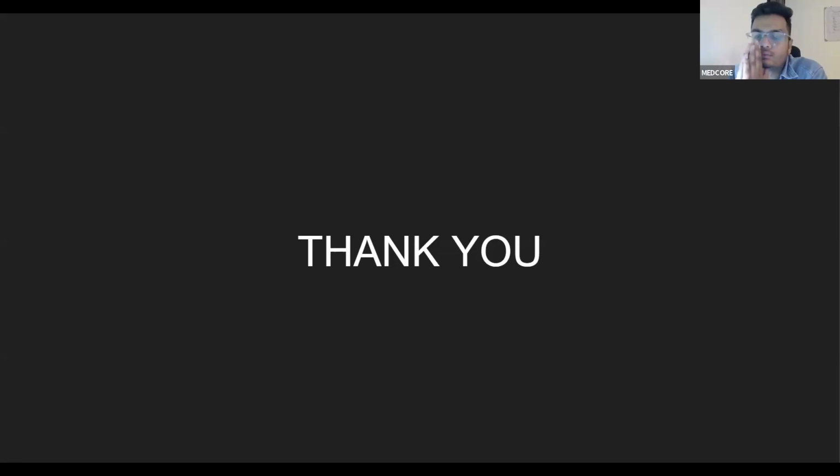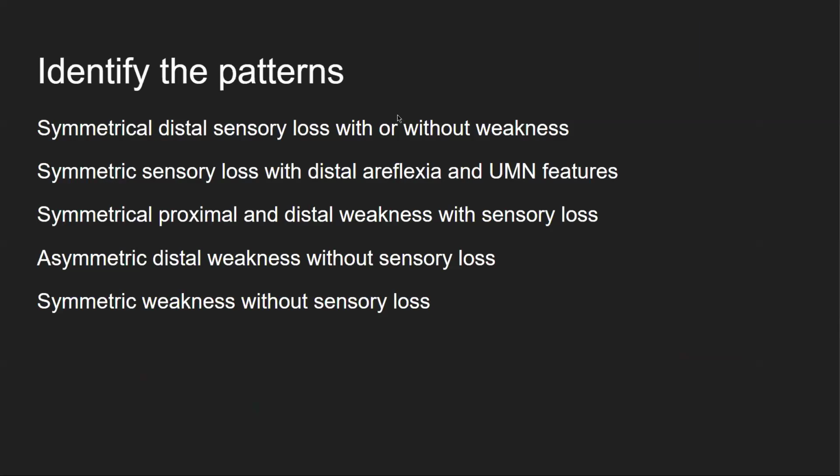Sir, can you go to that first slide which you have shown with 6 scenarios, and conclude this session by talking about 3 differential diagnoses for each scenario? Yes. Now please figure out the patterns. Symmetrical distal loss with or without weakness.